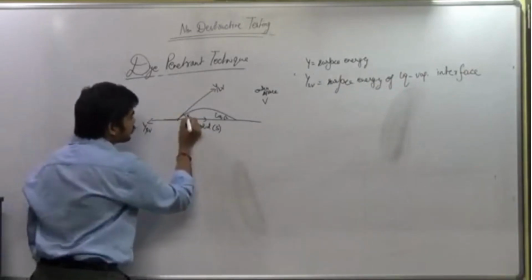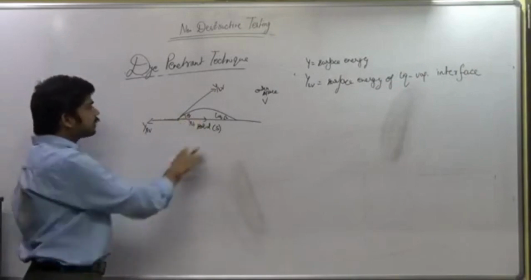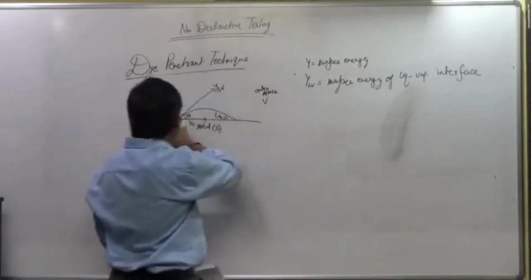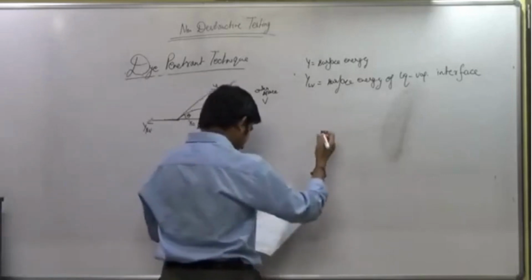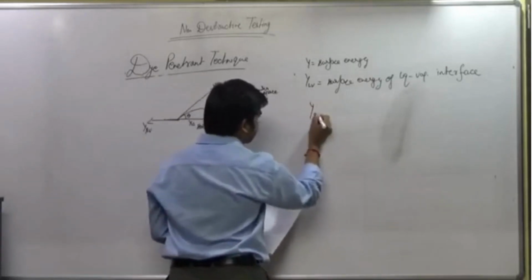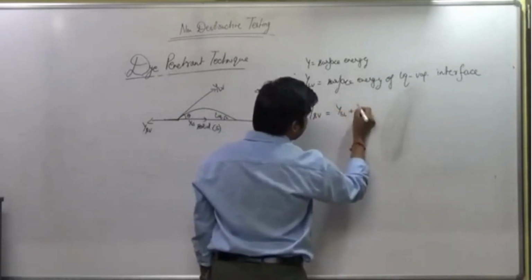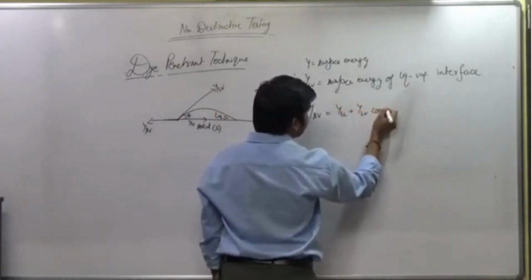Let us suppose that this angle is theta. If you do certain geometric calculations here, then you come to know that gamma SV is nothing but gamma SL plus gamma LV cos theta.